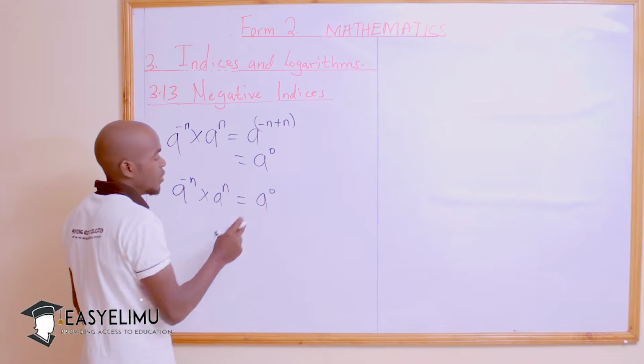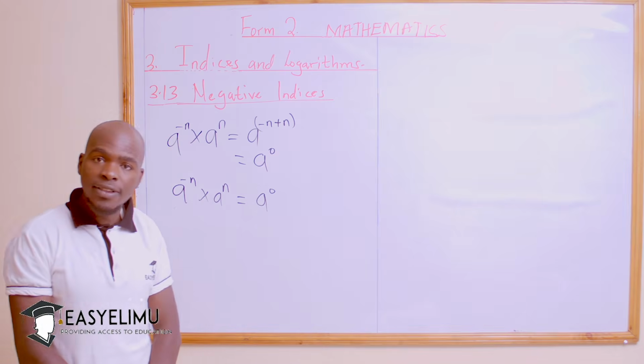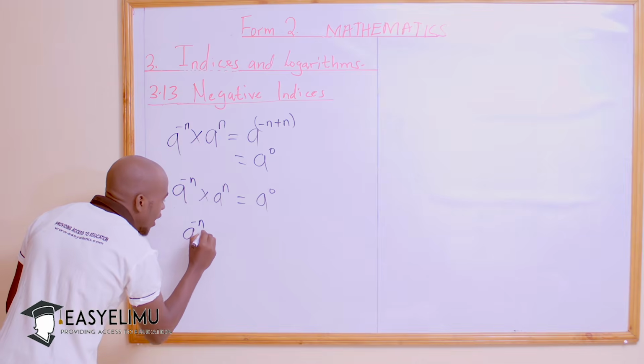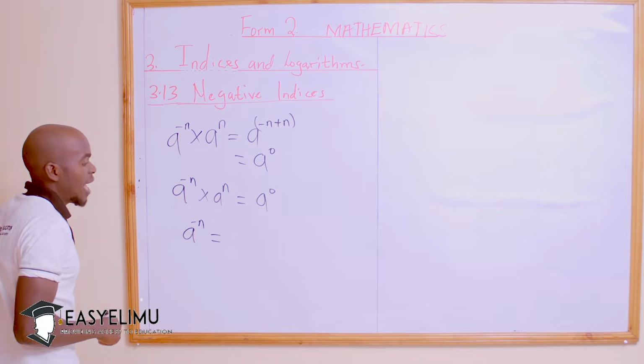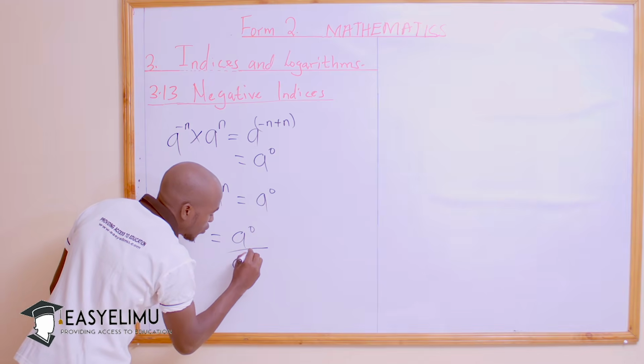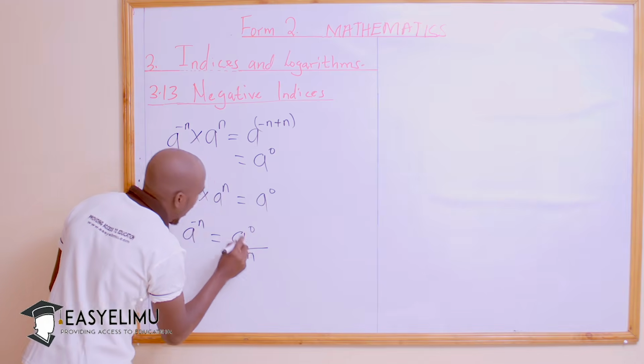So that implies that a raised to negative n multiplied by a raised to n is equal to a raised to 0. If that is the case, we can say that a raised to negative n is the same as a raised to 0 over a raised to n.